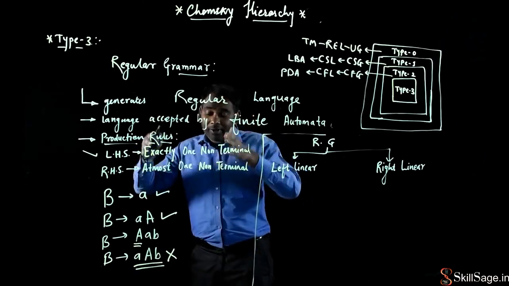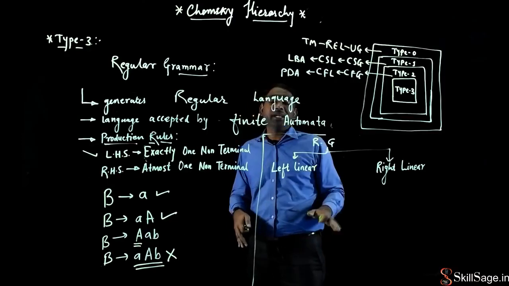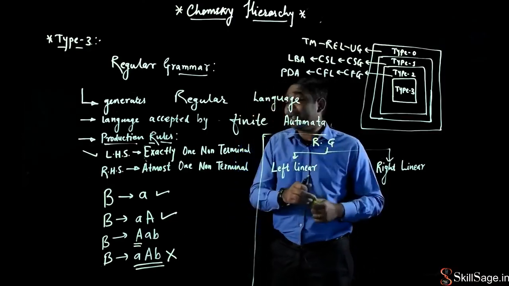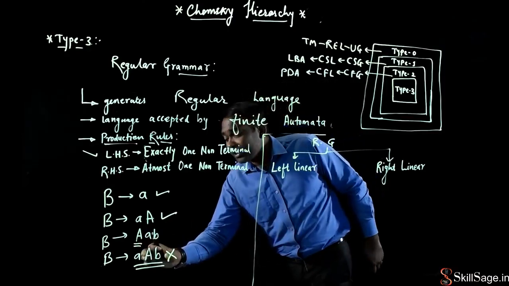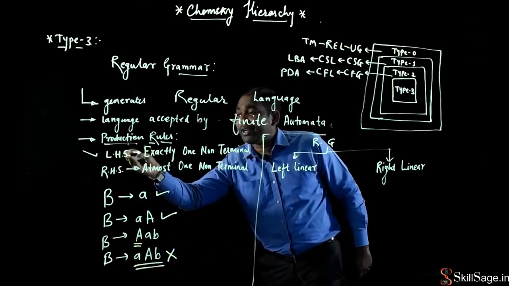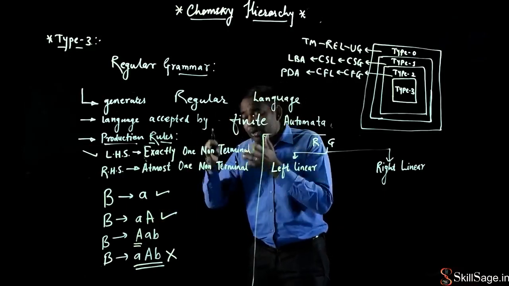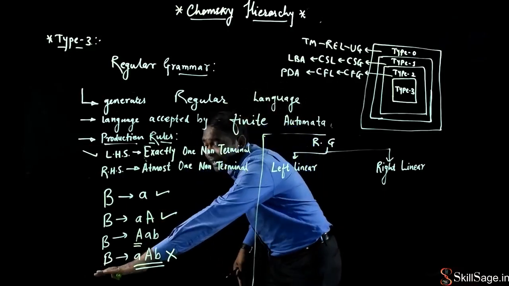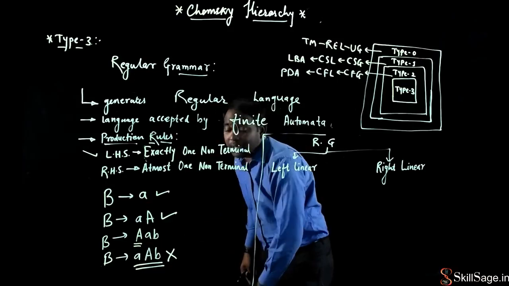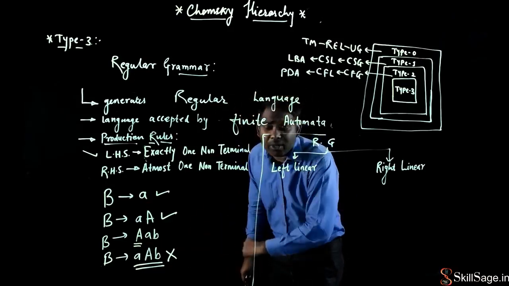So we'll discuss it further. This regular grammar is further divided into two parts, left linear grammar and right linear grammar. As we have discussed here, even though this follows both properties, on the left hand side exactly one and on the right hand side at most one, this particular production rule does not belong to regular grammar.